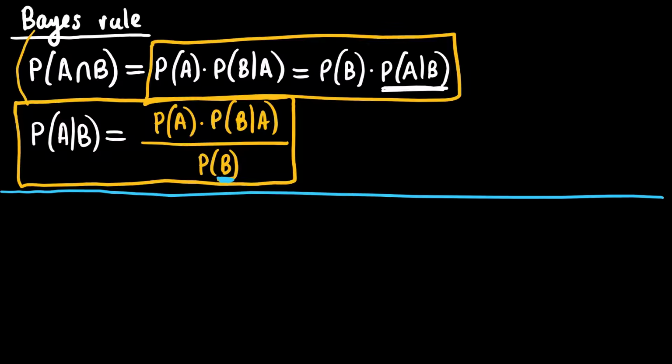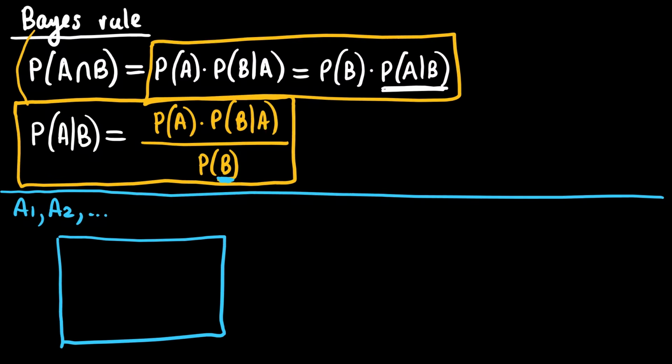If we have a partition A1, A2, and so forth, of the sample space, then we've seen a result in, I believe, theorem 1.11, part A, where we showed that the probability of a set A can be written as the infinite sum of the probability of A intersection with Ci for any partition C1, C2, C3. So we've seen that result, but let's quickly remind ourselves why that's true.